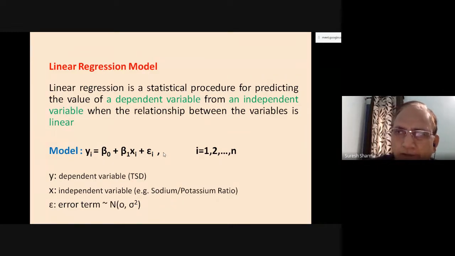This is 1 packet of milk. Next time I ask him to make another packet of 2 liters, and he does the same thing. There is no intention, but if you compare these 2 packets, one has 2 liters, another also has 2 liters, there may be a little bit of error, maybe 5 grams, maybe 10 grams.